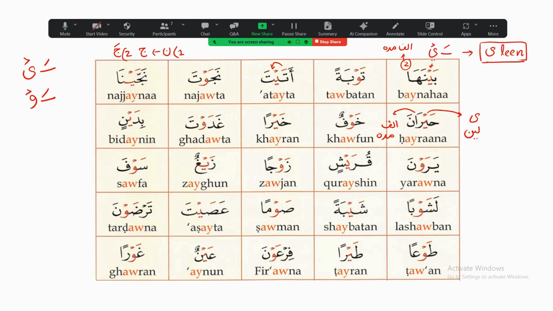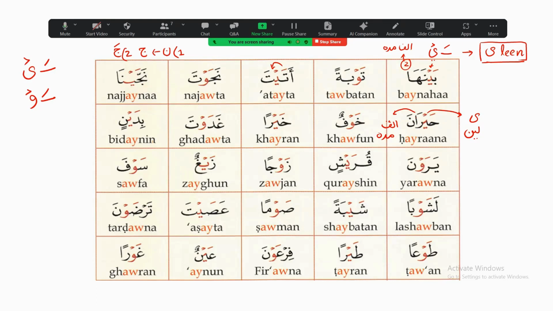Both are sakin, but one is with lean and the other is madda. So we say hay, lean here, and rona, ra is stretched, which is alif madda.